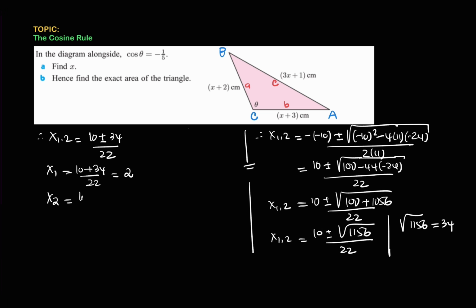Meanwhile x2: 10 minus 34 divided by 22 is negative 1. This is less than 0, so it is discarded and cannot be used. So the value of x is 2. That is the right answer.